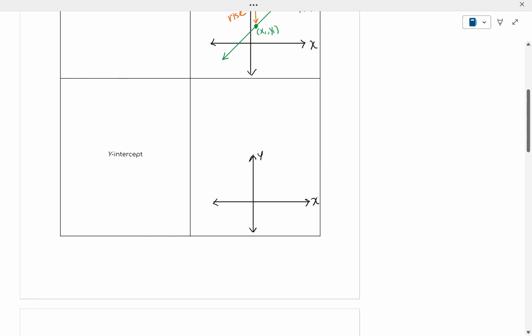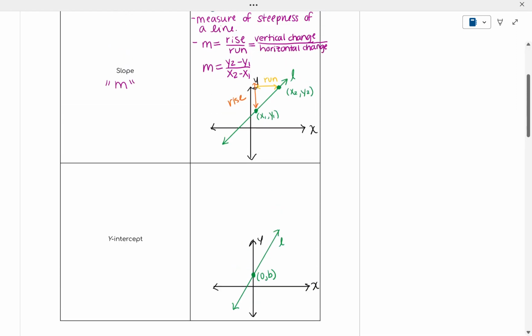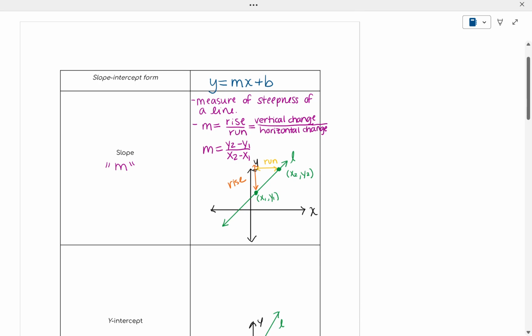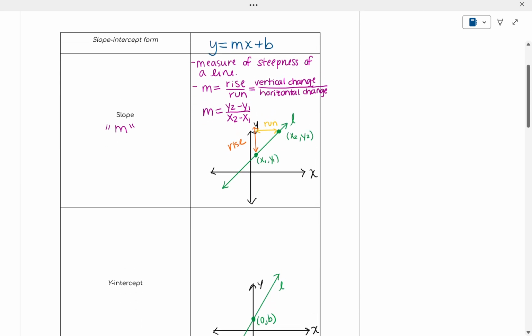Moving on to the y-intercept. So this is the point where the line intersects the y-axis. So if we were to draw another line here, the y-intercept is at this point right here where it intersects the y-axis. So 0, and this is always written as b because in the slope-intercept form, we always have b being the y-intercept.